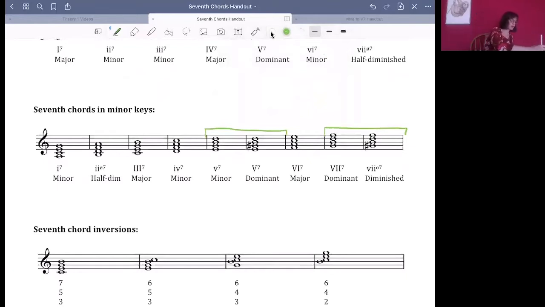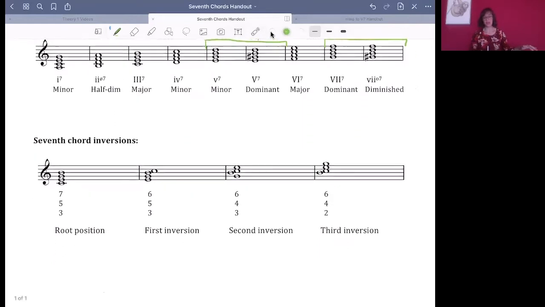So we have natural minor, and that gives us a minor quality 5/7, and a dominant quality 7/7. And then we have the two chords that we get if we use harmonic minor, specifically if we raise the leading tone. And doing that gives us a dominant quality 5/7 and a fully diminished 7/7.